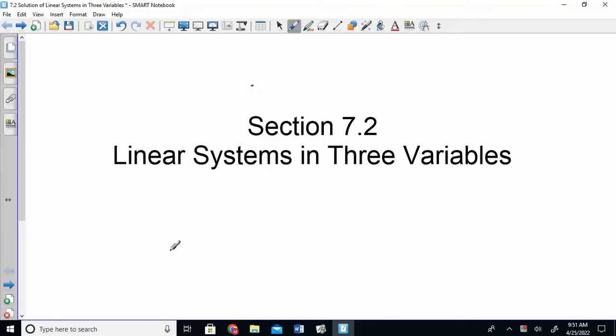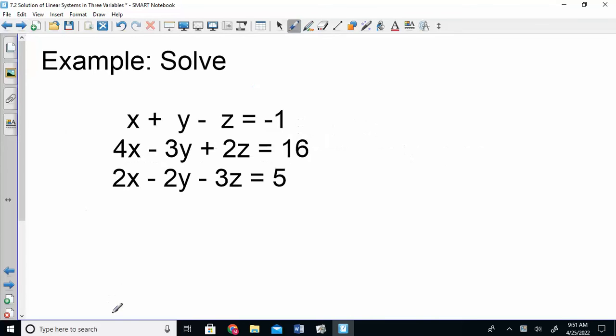When I'm looking at systems with 3 variables then, we will have to have 3 equations if we're going to get an actual number answer. So let's take a look at one. I want to solve this system of equations.